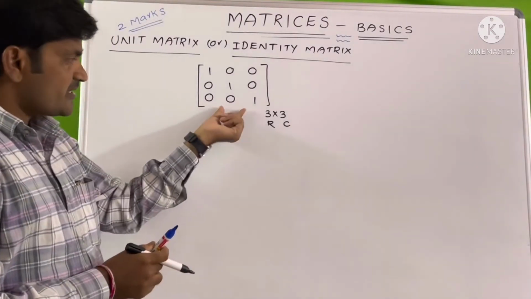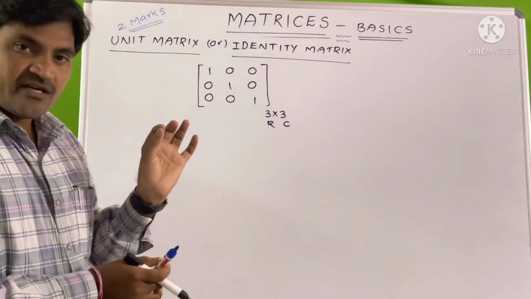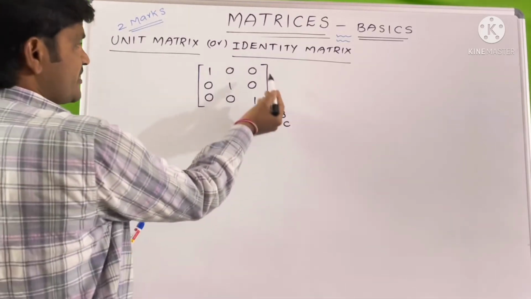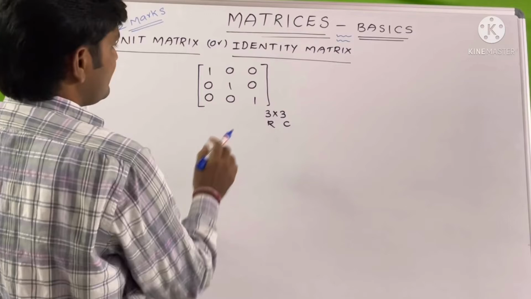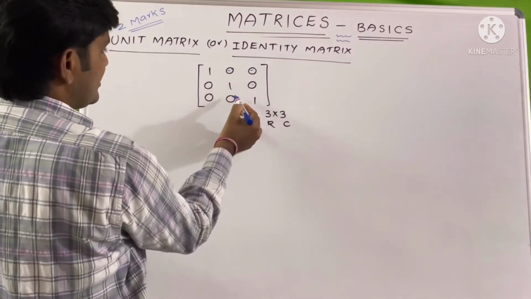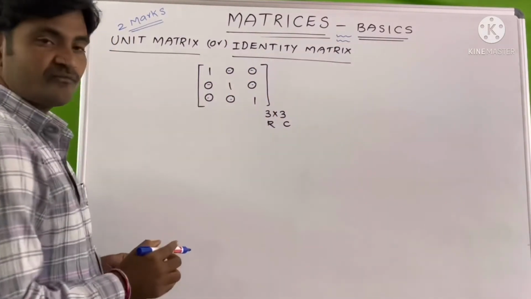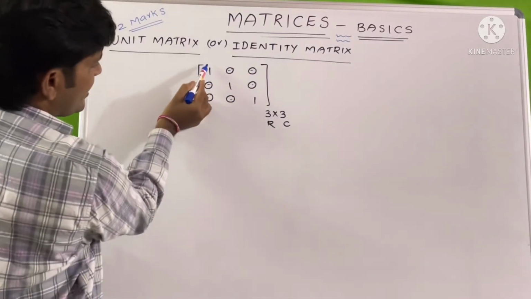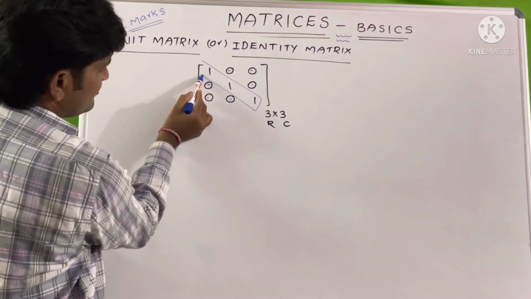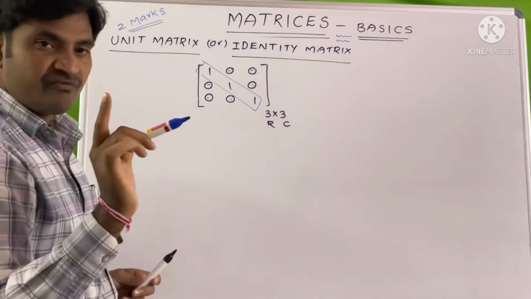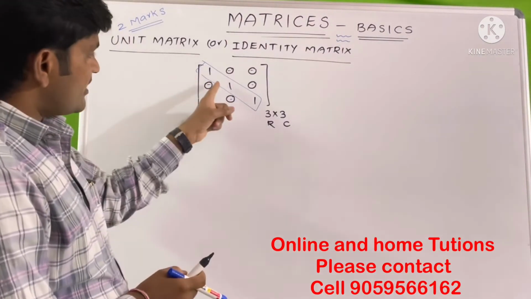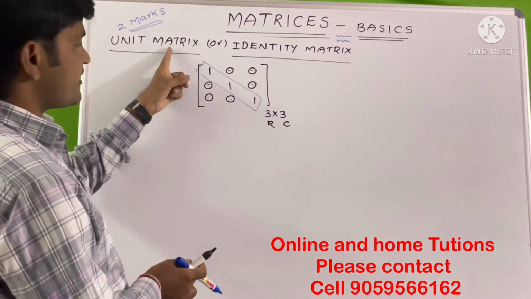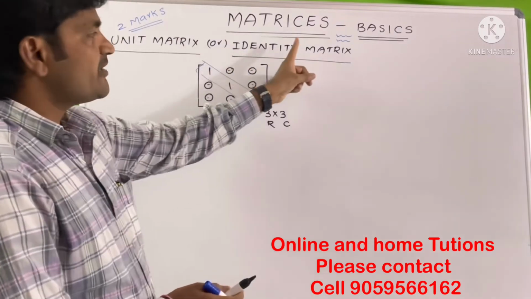This is a square matrix. In a square matrix, all non-diagonal elements are equal to 0 and diagonal elements are equal to 1. That is called a unit matrix or identity matrix.